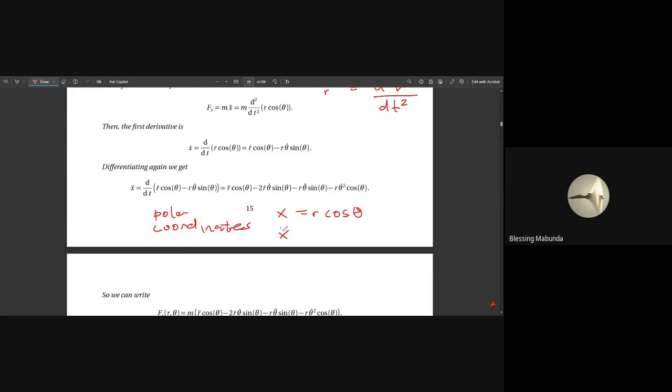So you're going to have x dot. We can start with r. We'll treat r and theta as two independent variables. So that means we'll have cosine theta minus r sine theta theta dot.